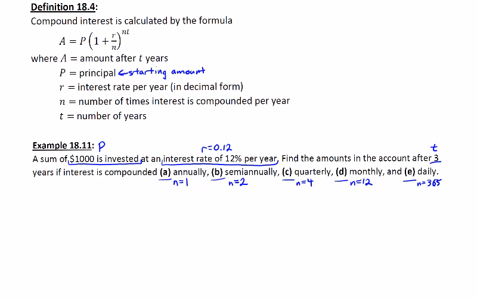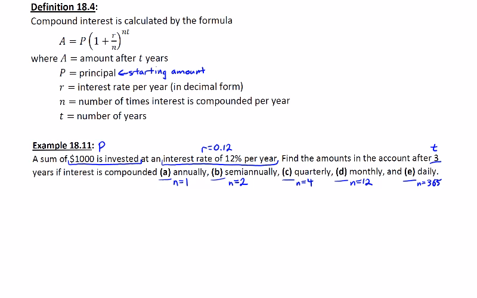You can even have things like weekly, bi-weekly, lots of things that we can do here. But this will give us plenty of opportunity to see how this calculation works. Now, every single one of these calculations has the same starting amount, the same interest rate, and the same number of years. All we're doing is comparing how the different compounding schedules will give us different values for the amount at the end of the investment.